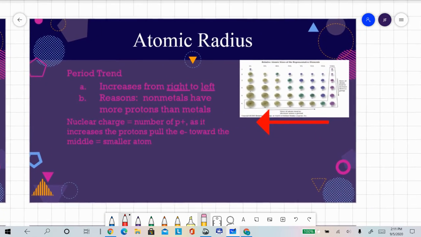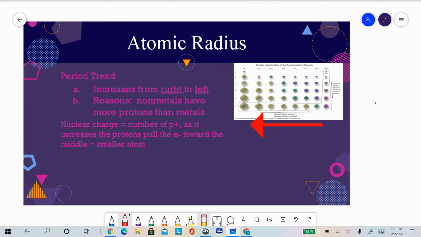As we go across the period, from right to left, it increases. So the smaller atomic radius is here and the bigger atomic radius is here. And that's because of the number of protons, essentially, right?